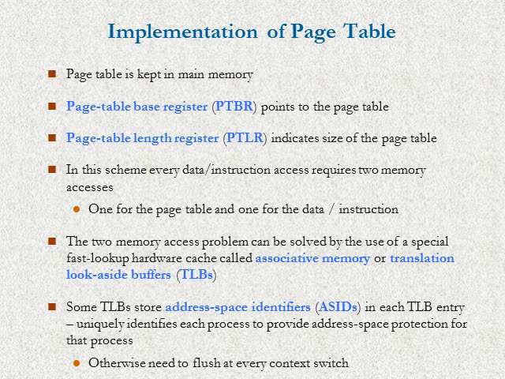So in order to execute one instruction, we require at least two trips to main memory. One trip is to get to the page table and get the translation of the page number to the frame number, and the other trip is to fetch the actual instruction or data. These two trips cost a lot in terms of speed and time.